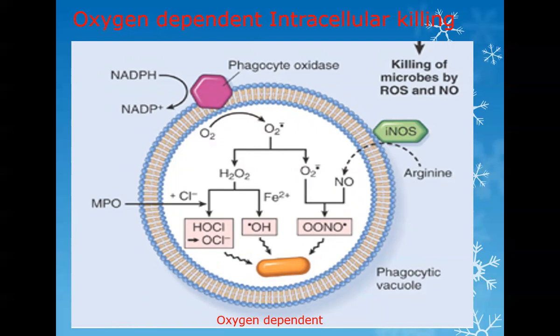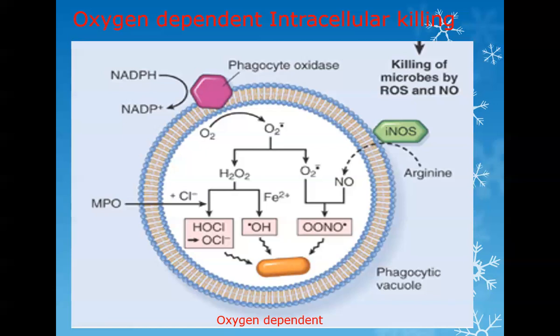We also have hydroxyl ion with the help of iron. They are also a strong killer of the bacteria, right? On the other side, we have arginine, which gives nitric oxide with the help of inducible nitric oxide synthase enzyme. We have this enzyme along with the phagocyte oxidase and the myeloperoxidase enzyme.